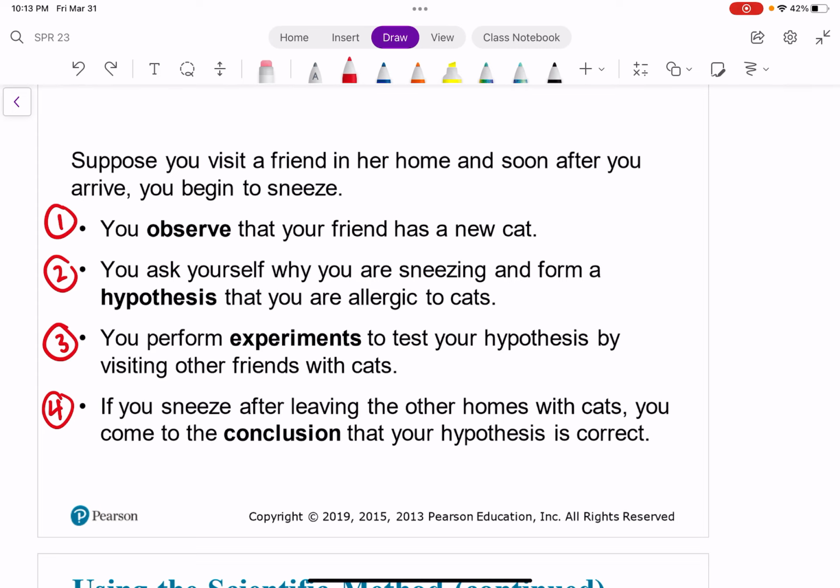Even if your hypothesis was not correct and you proved it wrong, now you have more information about, hey, I'm not allergic to cats. So let me go back and reform a hypothesis about why I might be sneezing. If it's not that I'm allergic to cats, it must be something else, right? So this can be a cyclical, step-by-step process.